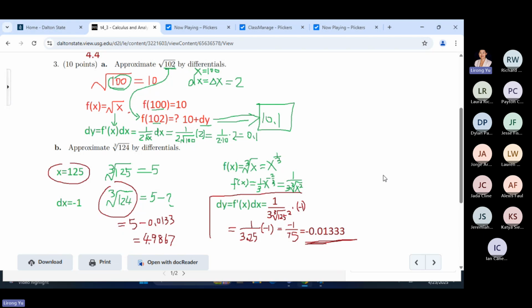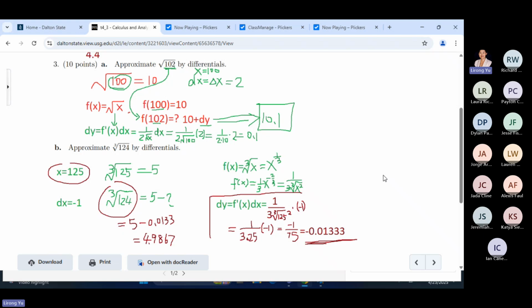Since f of 100 equals 10, f of 102 is something close to 10 plus something. To find that something, the change, you calculate dy. So what's dy? dy is the derivative times dx. The derivative has to follow the original function. You have to find your f of x to find f prime of x. Once you have the derivative, you plug in the number that you begin with.